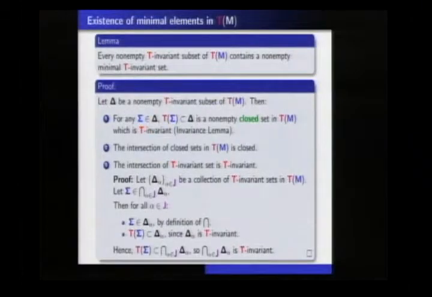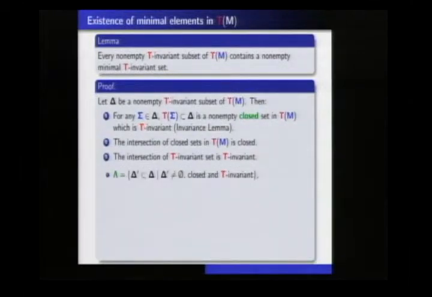Okay, so we still haven't done anything. We've just done these first three properties. We've shown that the t-invariant sets are closed, the intersection of closed sets is closed, and the intersection of t-invariant sets is t-invariant. And we're going to use those on a particular collection of subsets.